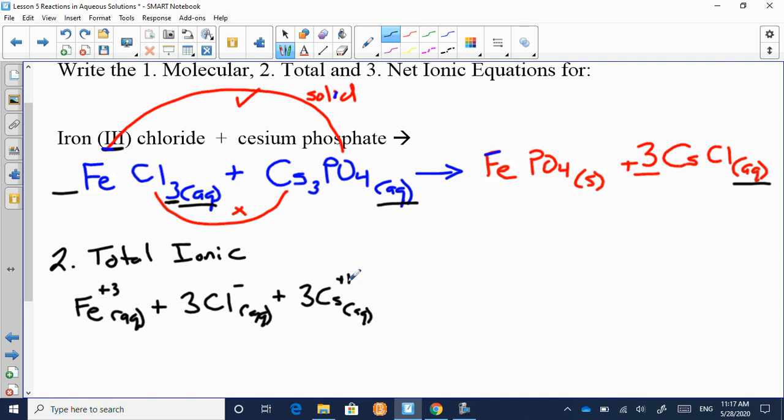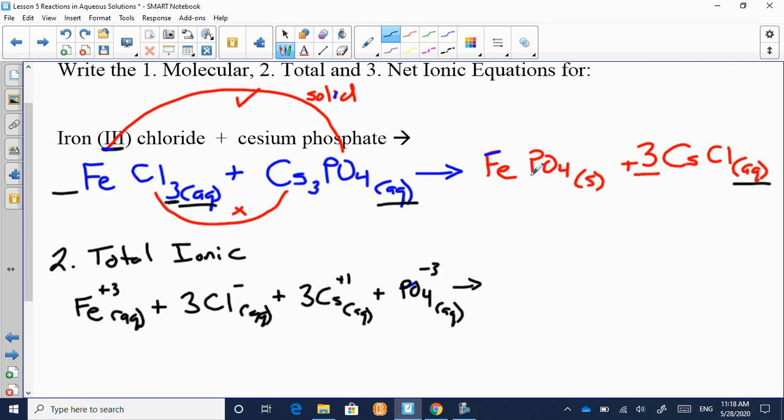I know that it's +1 because it's in the first group, plus PO4 -3 aqueous. Okay, and again, I know that that's a polyatomic ion and it has a charge of -3.